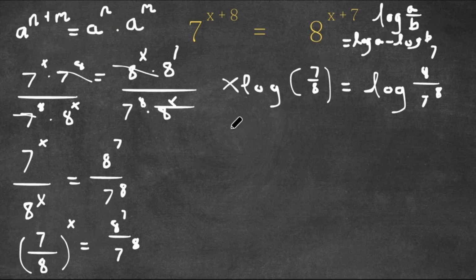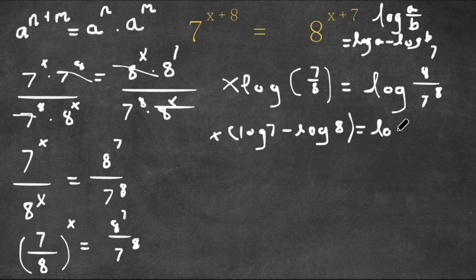So log 7 over 8 is going to equal x times log 7 minus log 8. Now this is equal to log 8 to the power of 7 minus log 7 to the power of 8.